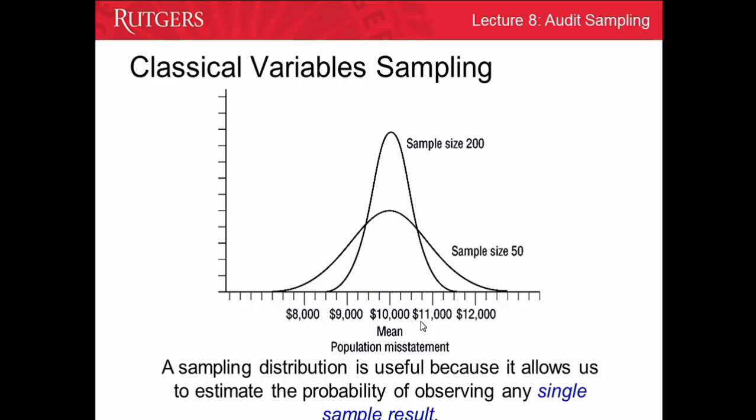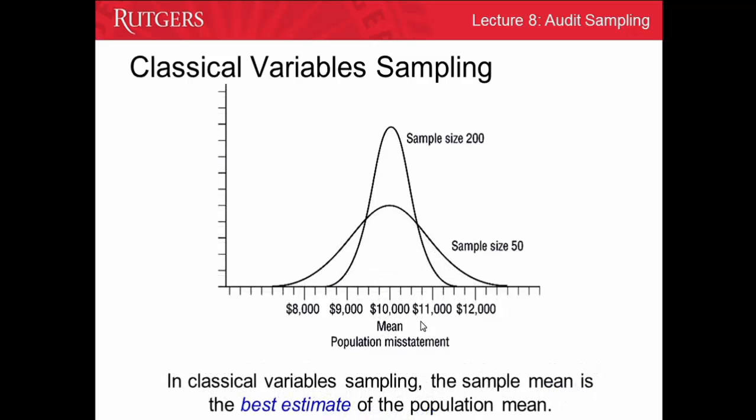Then the sampling distributions are formed by plotting the projected misstatements yielded by an infinite number of audit samples of the same size taken from the same underlying population. For example, the height of the flatter distribution at $9,000 represents the number of times a sample of size 50 would return a projected misstatement of $9,000.